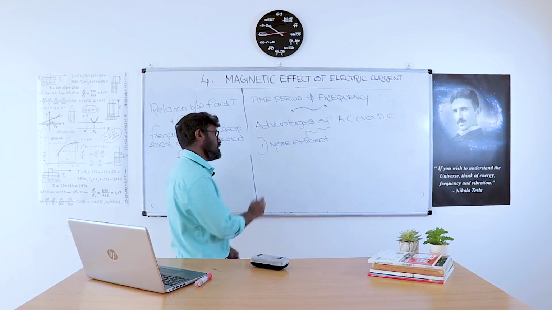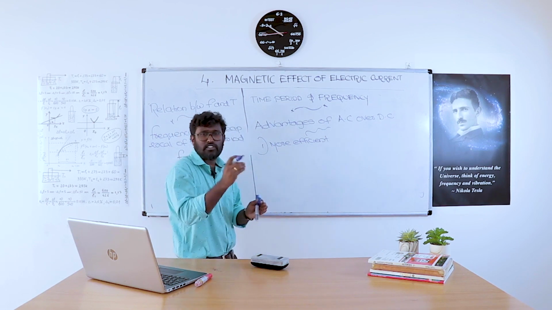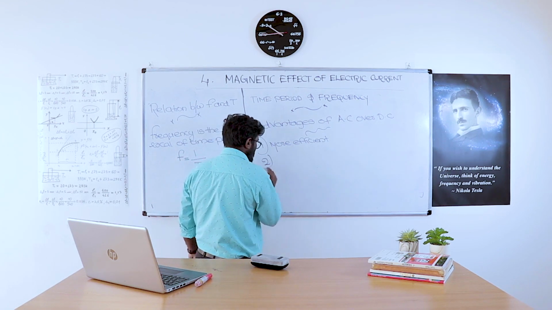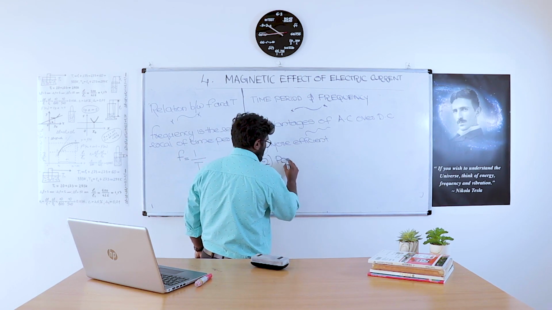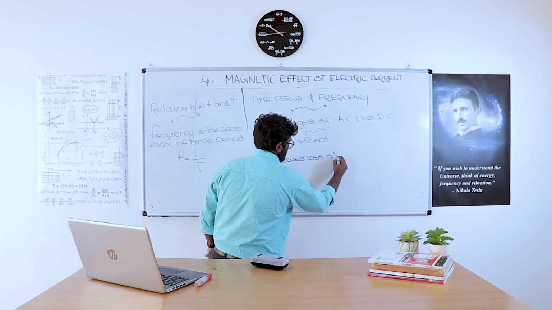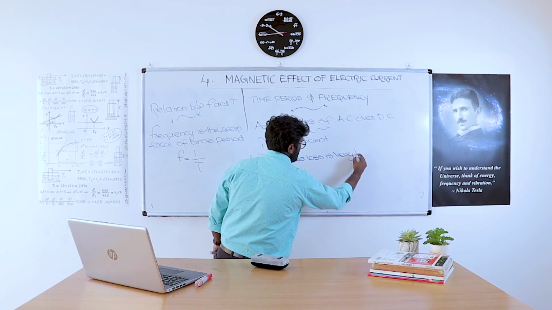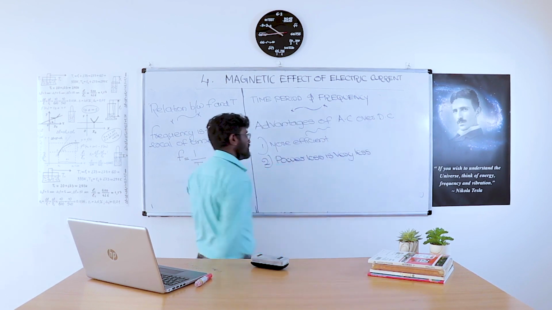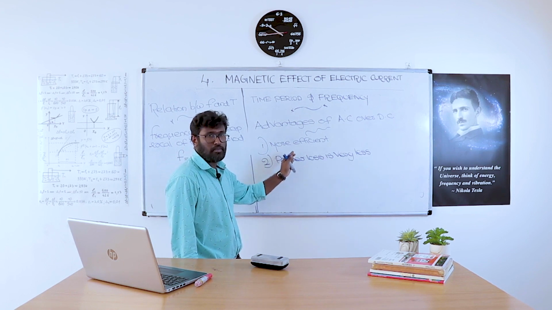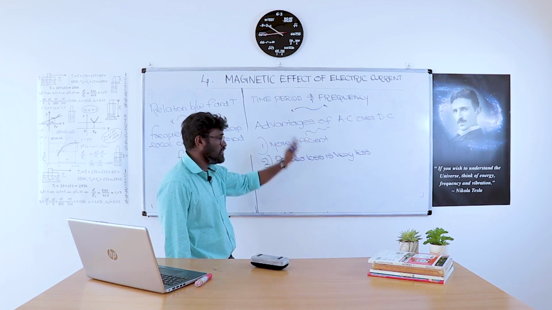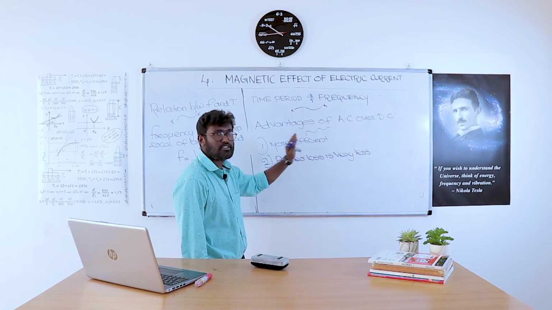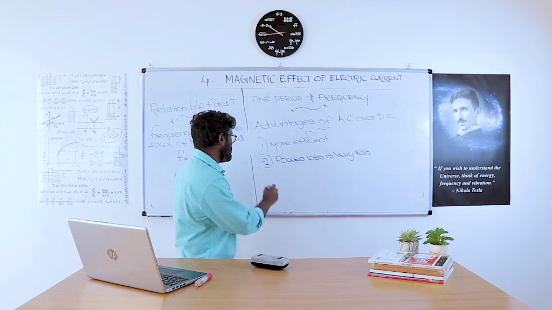AC is more efficient than DC because for long distance transmission, AC is preferred over DC. The reason is that power loss is very less. So for long distance transmission, because AC is more efficient than DC and the power loss of AC is very less, AC is preferred over DC.